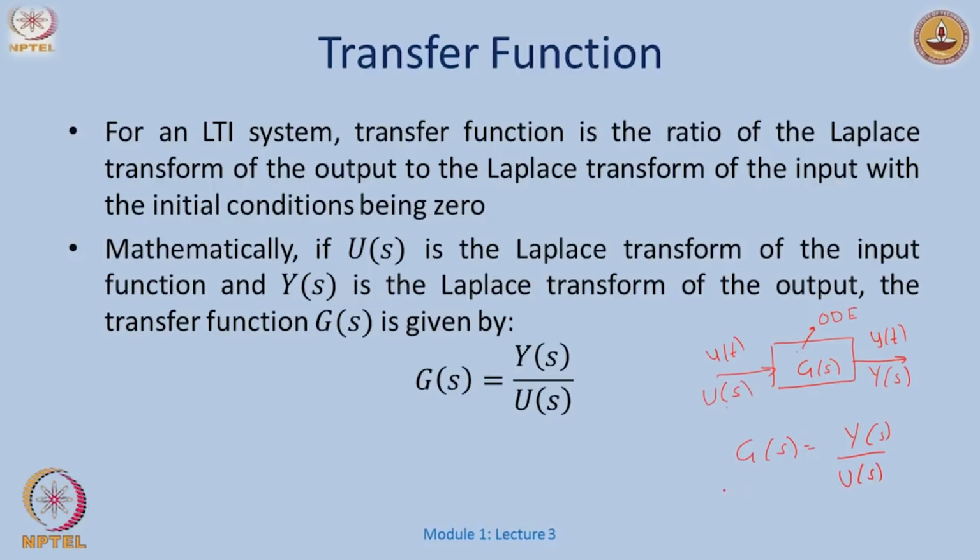Given this transfer function and an input signal U(s), the response of the system, or the output, is simply the multiplication of G(s) and U(s). Recall that in the time domain we would actually have to do a convolution here.